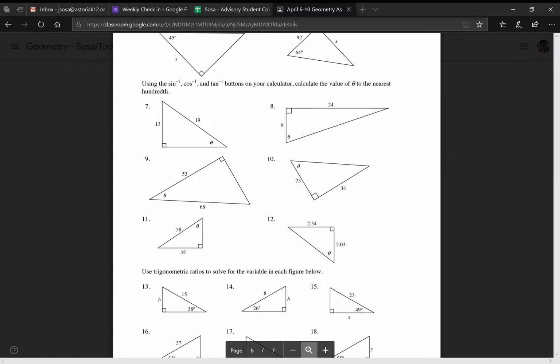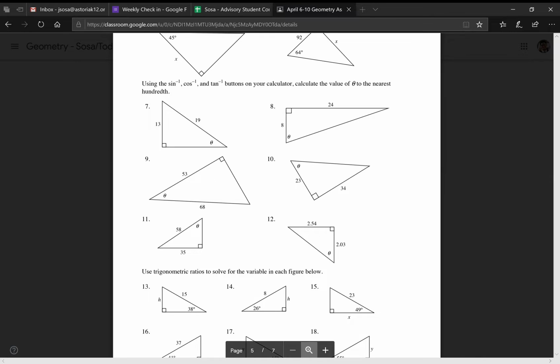So, let me change my pen here so you guys can see exactly what's happening. What I'm going to do is the inverse operation on both sides. So over here I'm going to do tangent inverse of this thing. And over here, excuse my messiness, I'm going to do tangent inverse of 34 over 23.